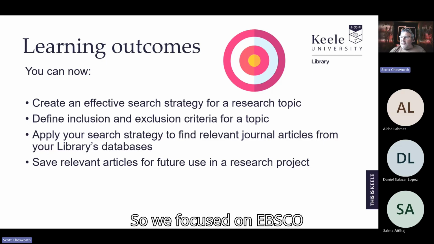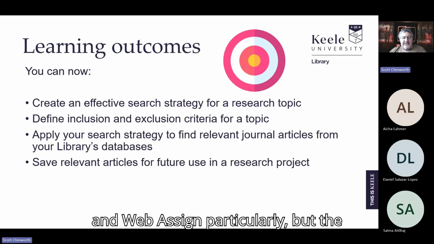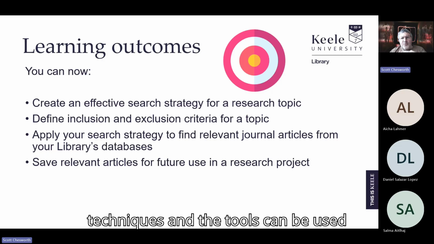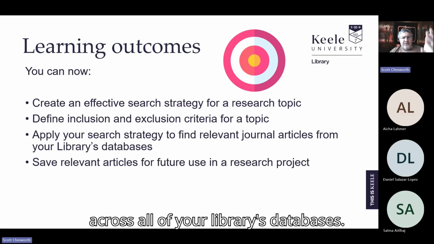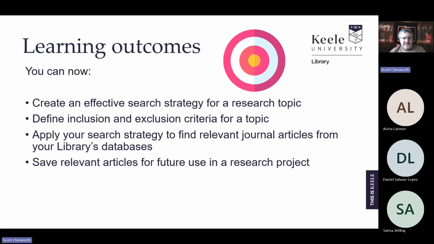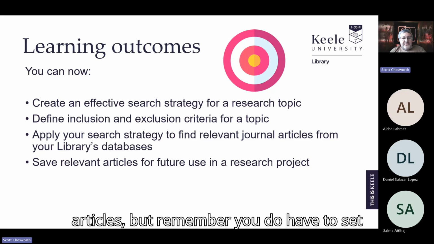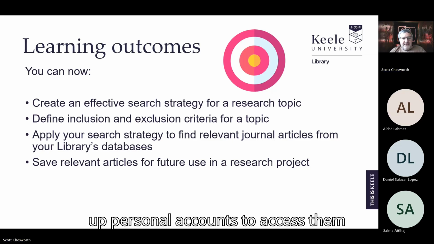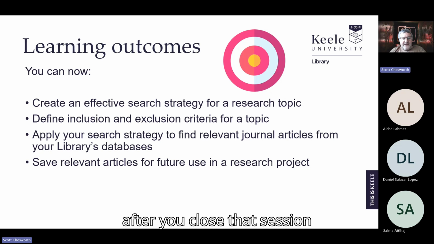So we focused on EBSCO and Web of Science particularly, but the techniques and the tools can be used across all of your library's databases. And you know now how to save relevant articles, but remember you do have to set up personal accounts to access them after you close that session down.